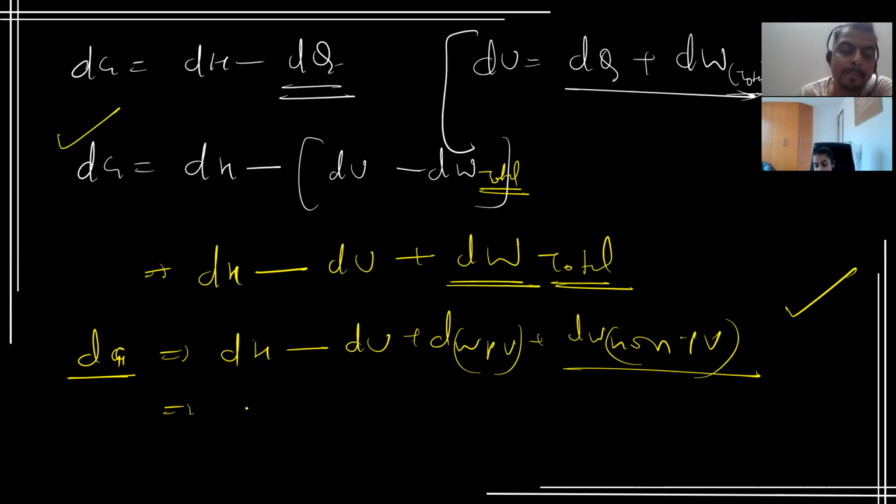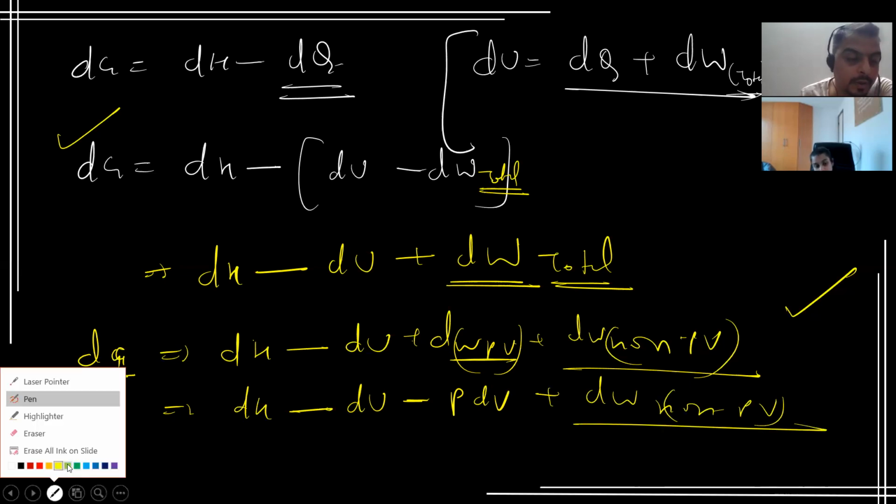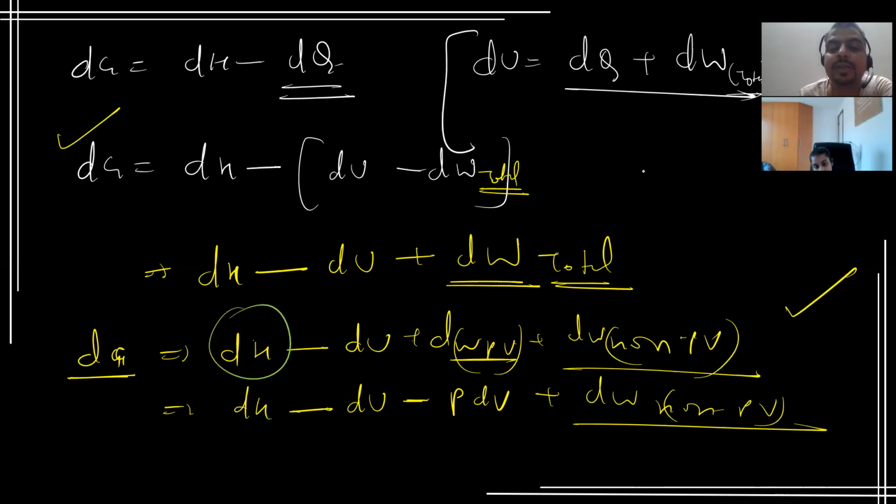So now dH minus dU, this will be the minus PdV. dW PV means minus PdV. It will be dW non-PV. Now you can break the dH. What is dH? dH is nothing but dU plus PdV.